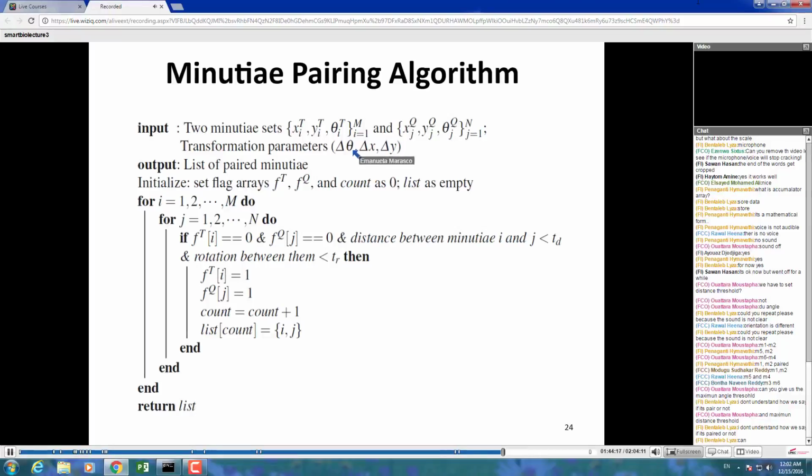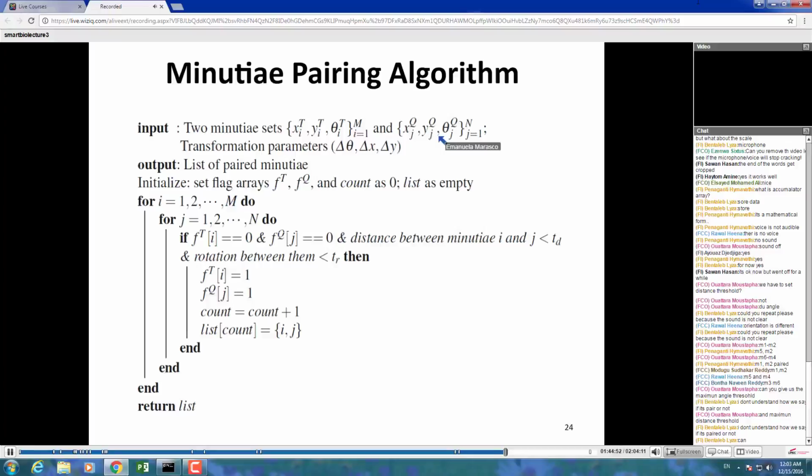Right? You can see here the point, so x, y, and theta. So which information is contained in the minutia point? Two kinds of information. Location and then orientation. So very good. Now, in order to understand if they correspond or not, the distance in the location information should be less than a distance threshold.